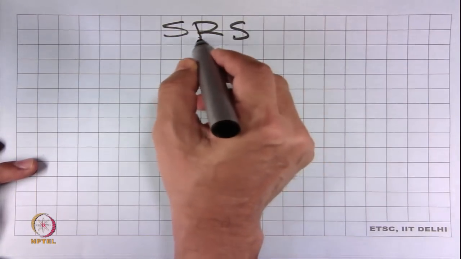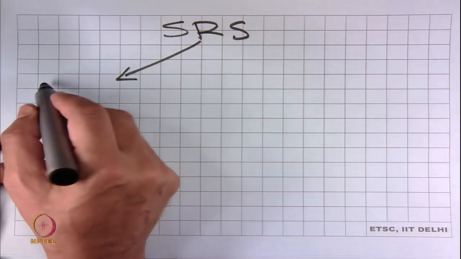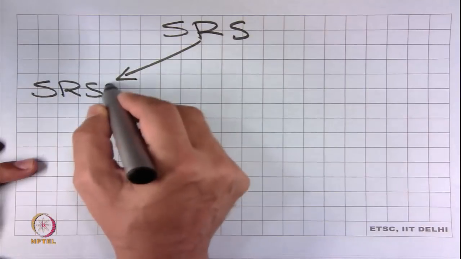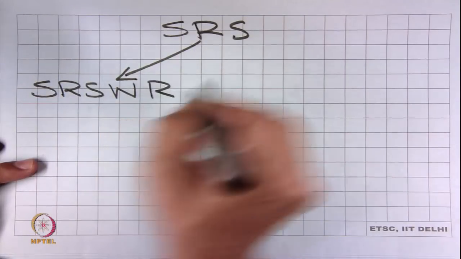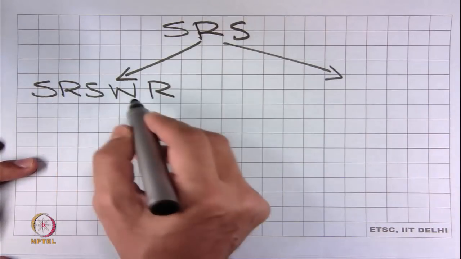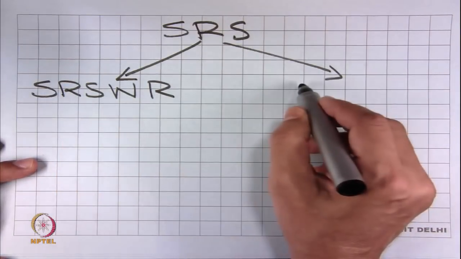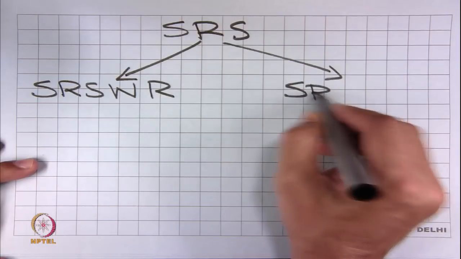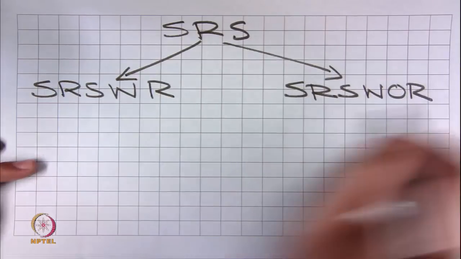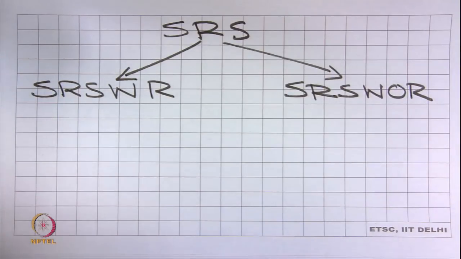In fact, we have talked about two ways, SRS WR, which is simple random sampling with replacement, and SRS WOR, which is simple random sampling without replacement.